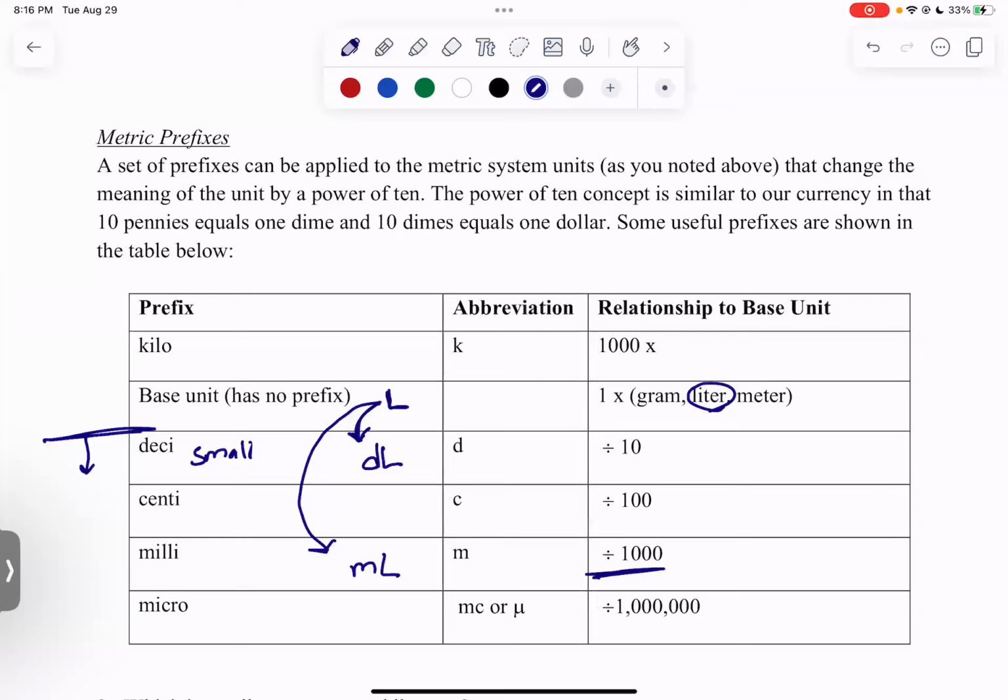Centi, we get even smaller. When we get to milliliter, that's even smaller. And when we get to microliter, that is the smallest. And that is micro, or MCL, microliter.